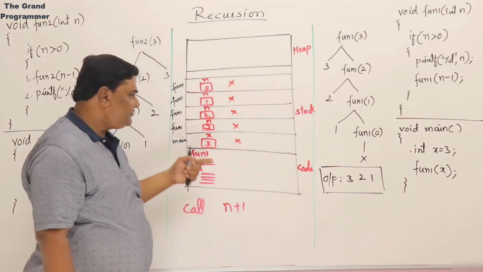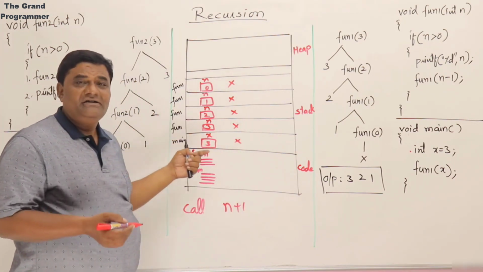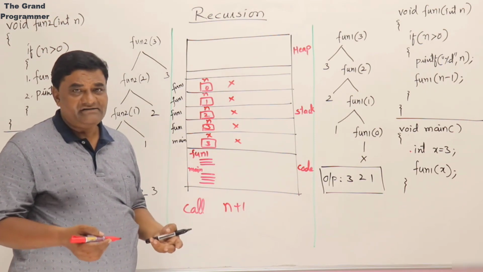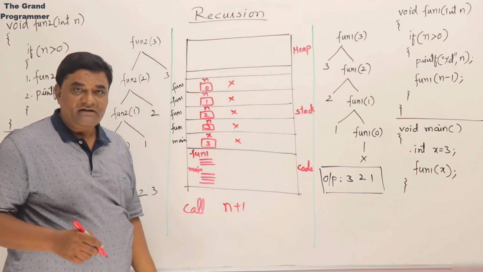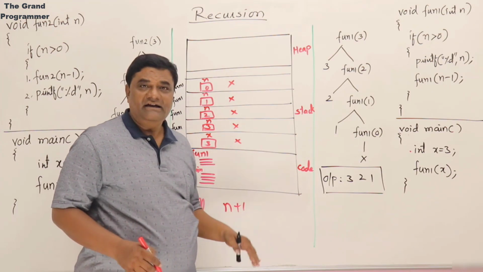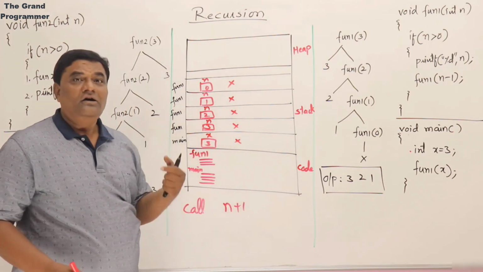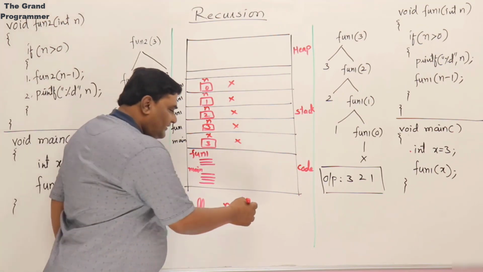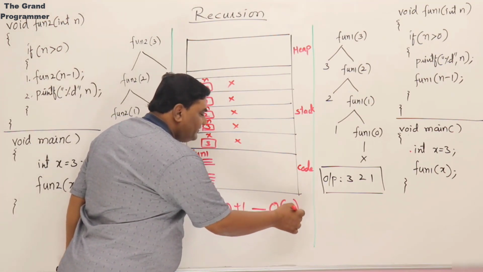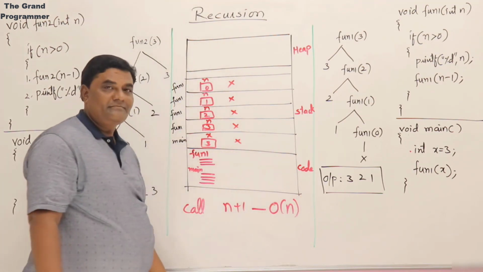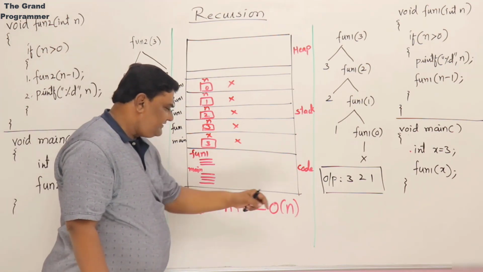How much memory is it consuming? Now it is integer type, it may be taking 2 bytes or 4 bytes depending on the compiler. So we can say just n plus 1 calls. So the total memory consumed by this is order of n. We can mention it as order of n. Why not plus 1 there?